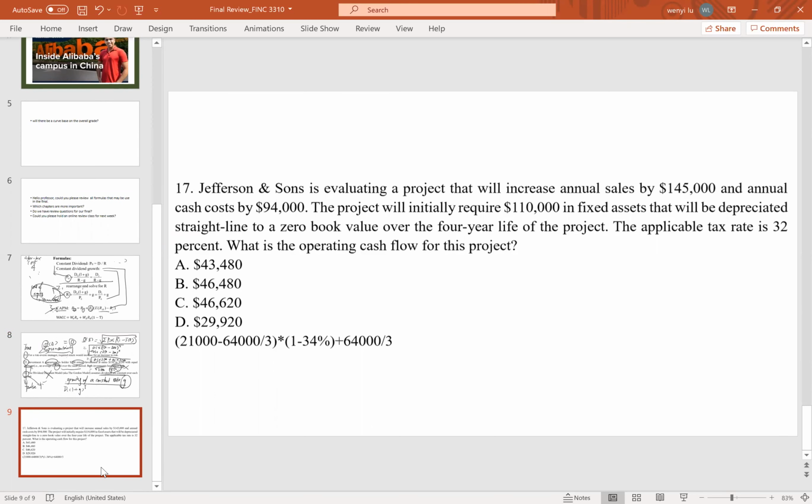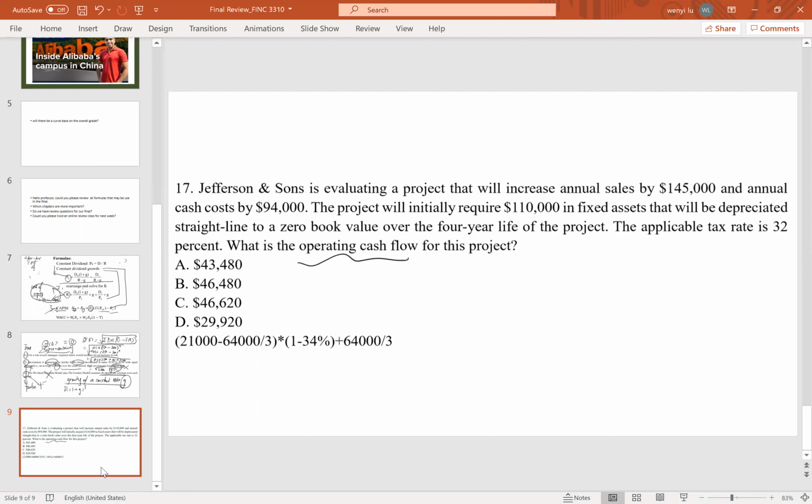So these questions are for our capital budgeting chapters. When we study the project, we also determine how to solve the operating cash flows and the salvage values. So with these questions, I hope you can catch how to solve the operating cash flows.